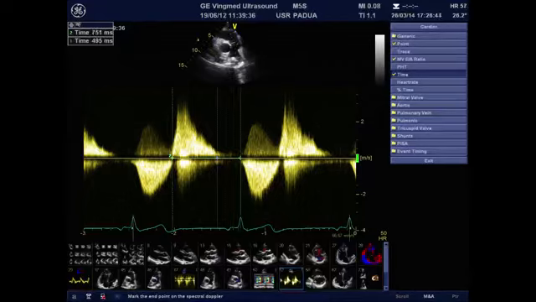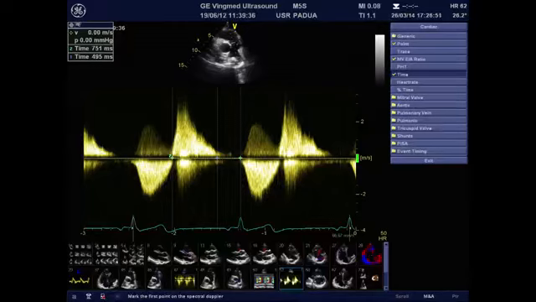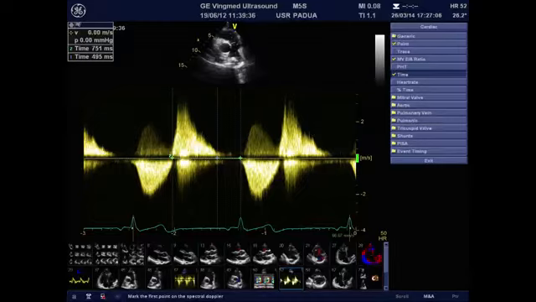If the ratio between the first and the second is less than 77%, it is specific for severe pulmonary regurgitation. However, it must be said that the duration and the length of the pulmonary regurgitation is not only influenced by the severity of the regurgitation, but also by the diastolic properties of the right ventricle and also by the pulmonary pressures.